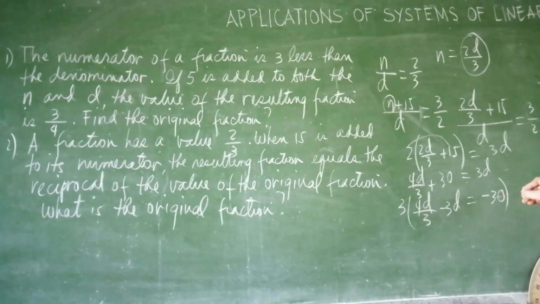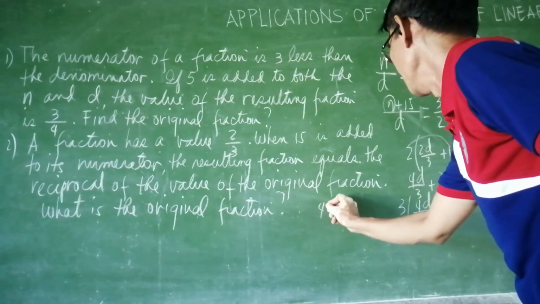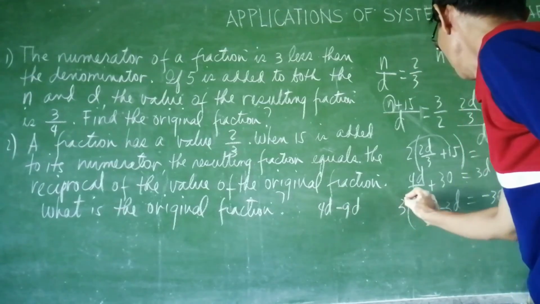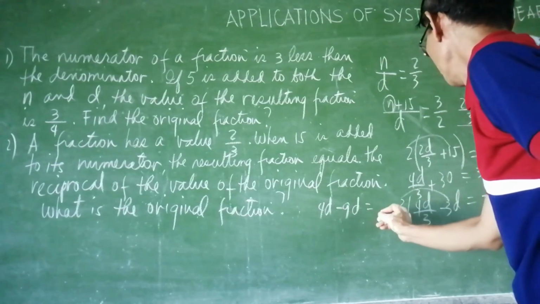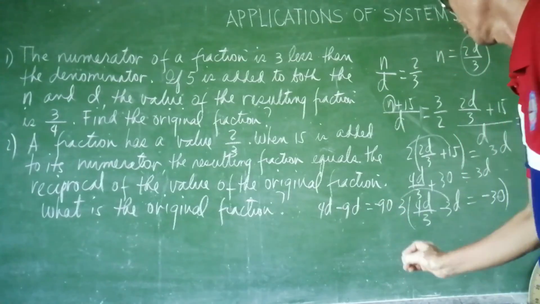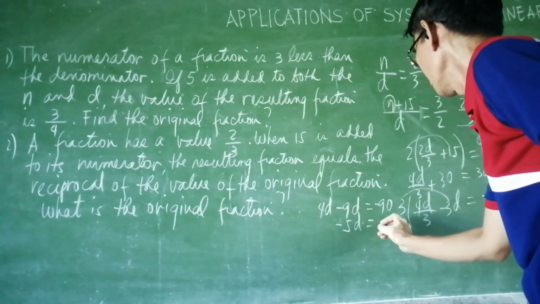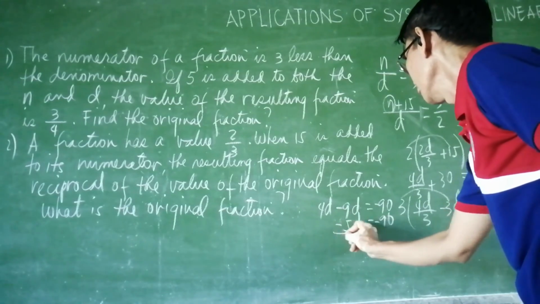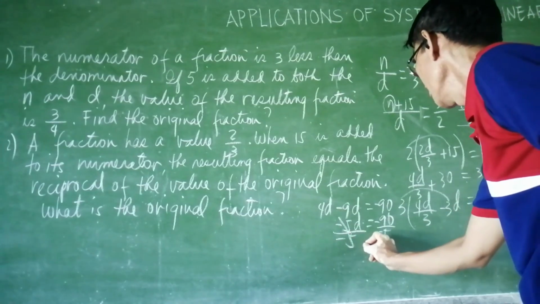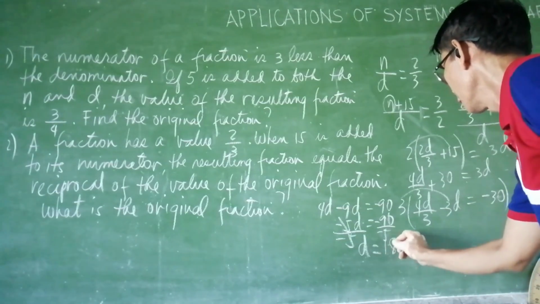So that will be 4d minus 9d equals negative 90. So that will be negative 5d equals negative 90, divided by negative 5, divided by negative 5. So cancel. So d will be equal to 18.